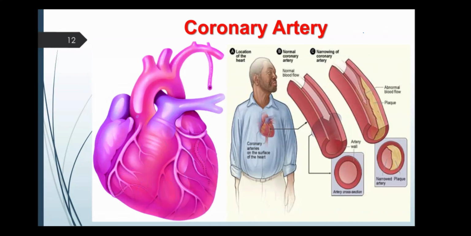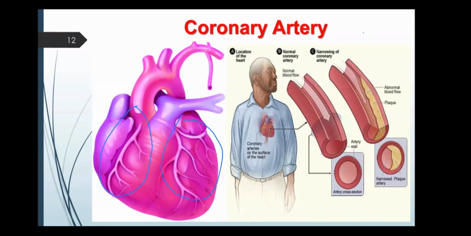And how does the blood come to the heart? You see these small tubes, these and these. Please tell me yes or no. We can see these small tubes, small channels. These are very small blood vessels, and their main function is to give blood to the heart itself.